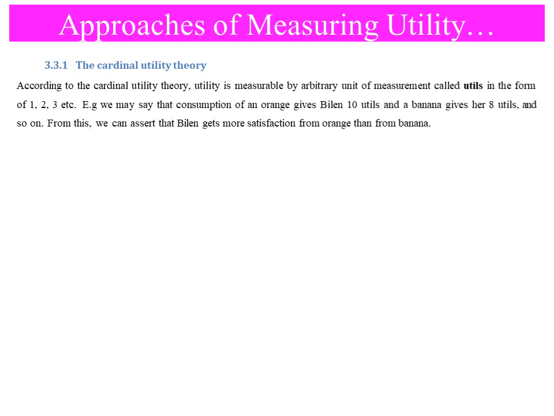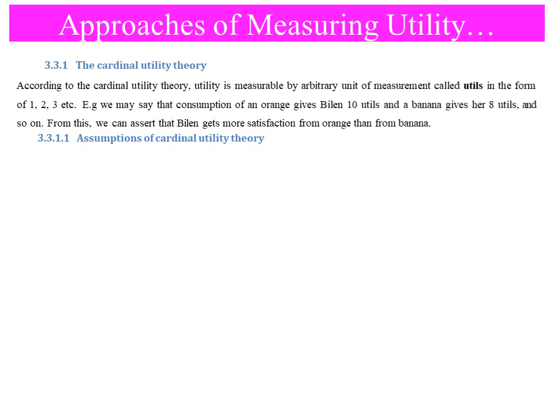From this, we can assert that Billion gets more satisfaction from orange than from banana because, according to cardinalists, Billion gets 8 utils from banana and 10 from orange. So she is more satisfied from orange than from banana.